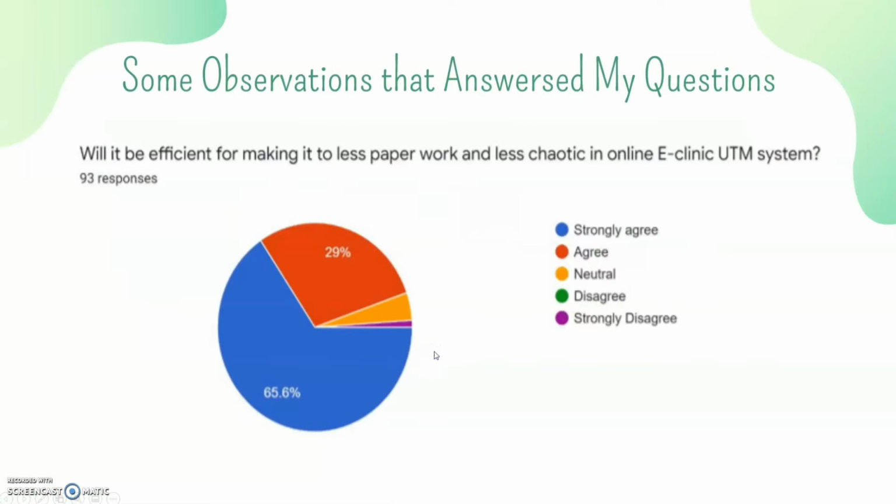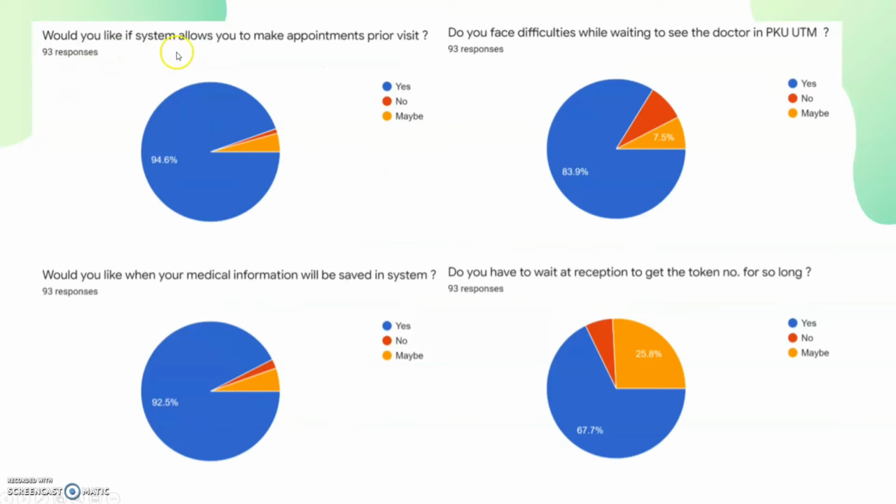So, there are some observations that answered my questions. I made a survey and asked a few questions. Let's see. Will it be efficient for making less paperwork and less chaos in your online eClinic UTM system? 93 responses and 65% strongly agree. Would you like the system to allow you to make an appointment prior to a visit? 94% said yes.